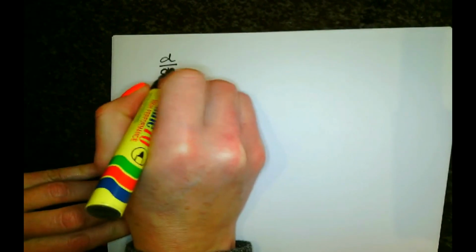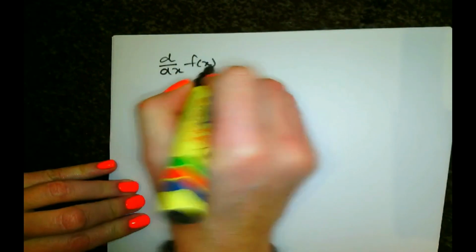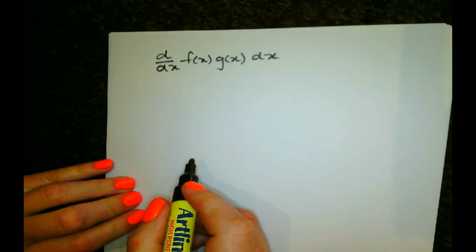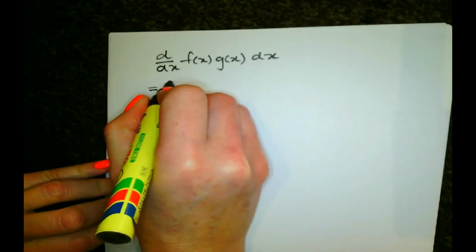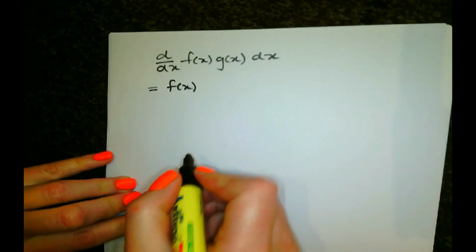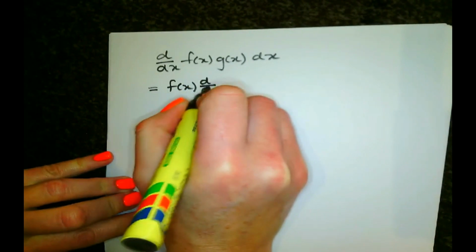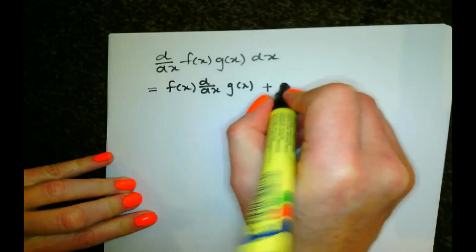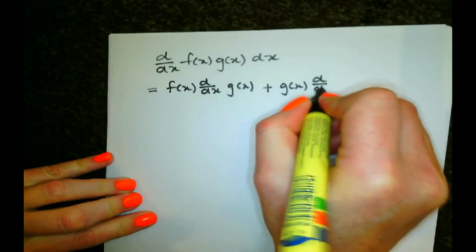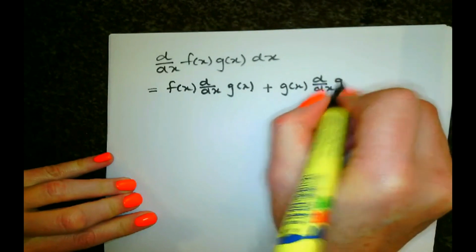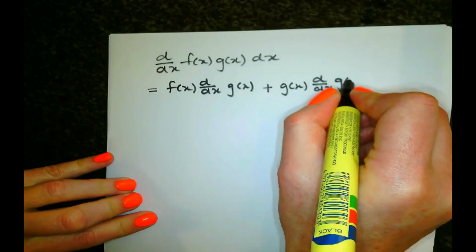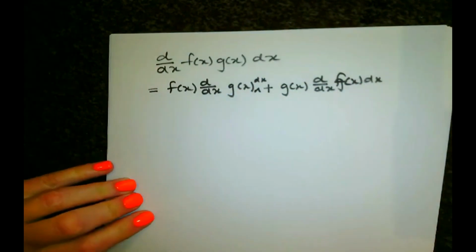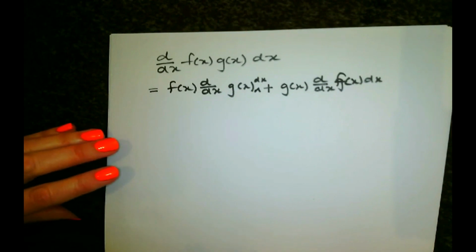When you have a product of two functions and you want to get the derivative of the product, it is the first function times the derivative of the second function plus the second function times the derivative of the first function. That relationship is also given in your data sheet.